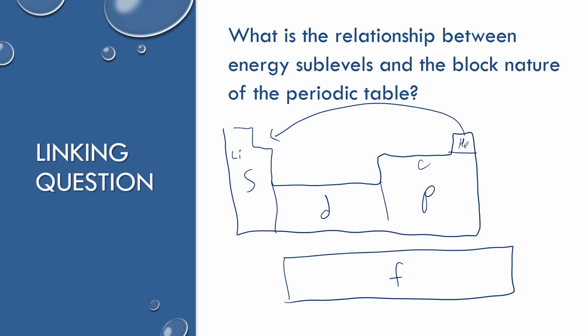So that's why carbon's in the p block, because its valence electrons are in the p sublevel. And that's true for just about any of them. It's also going to give us clues into how the order of energy increases along the periodic table, starting at 1s and working its way up to 2s, 2p, 3s, 3p, and it tells us the order of lowest energy to highest energy on the periodic table.